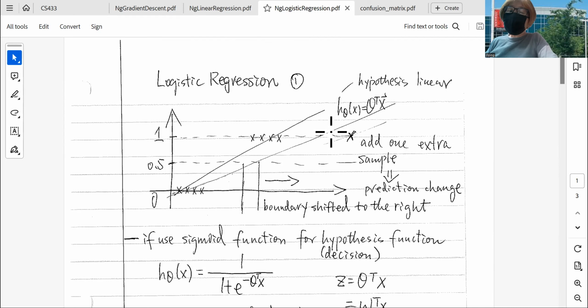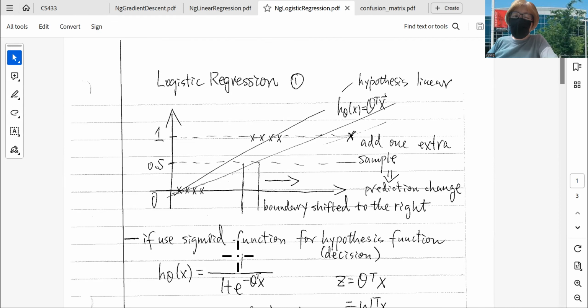If it shifts the line, then the misclassification number will increase a lot. So if we use the linear activation function, that's not very efficient here for classification. It's not a good design.